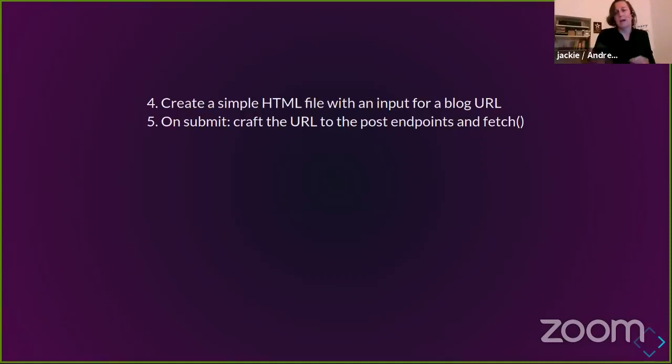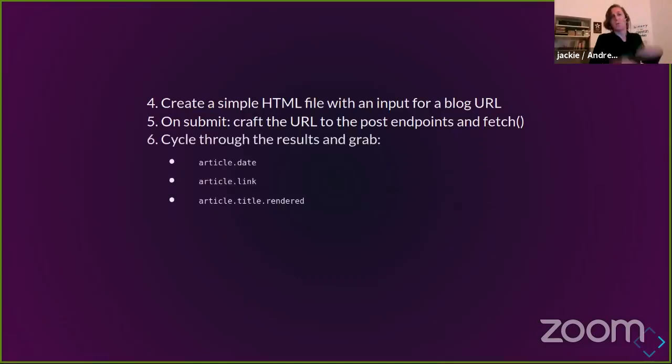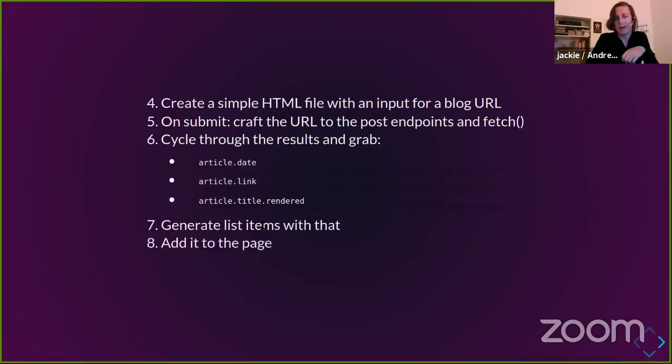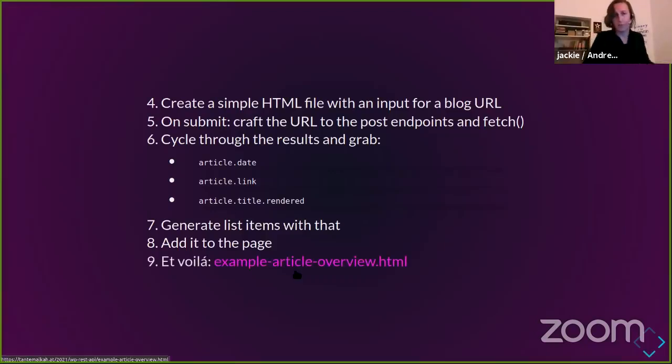And then I do a simple fetch with JavaScript, with the browser API, just fetch this resource. With the result, I cycle through and grab the article date, the article link, and the article title rendered. And with those items, I generate HTML list items and add them to the page. And voila, we have this little example here.